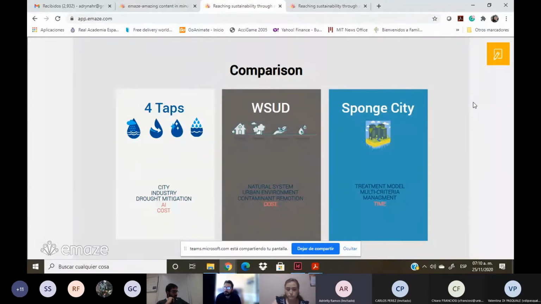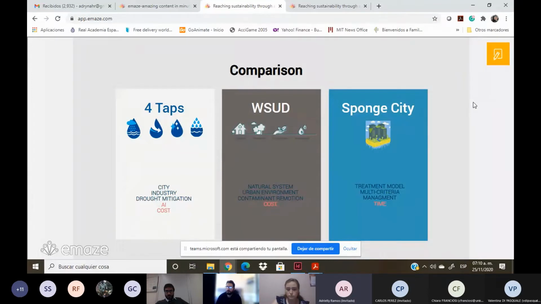In the case of the water-sensitive urban design in Australia, they have bio-inspired techniques for minimizing negative impacts on urbanization. So they build natural systems, urban environments, and they have contaminant removal.